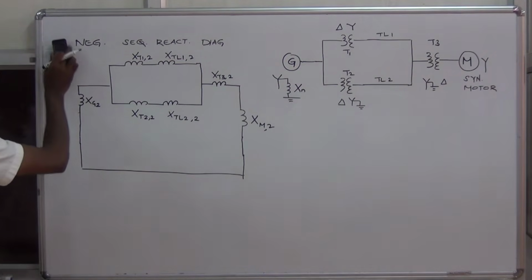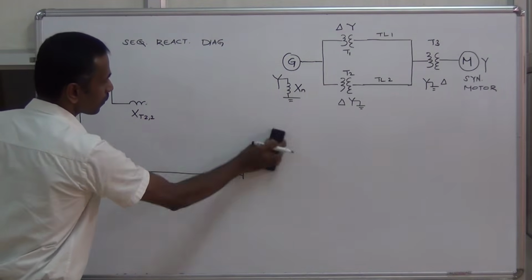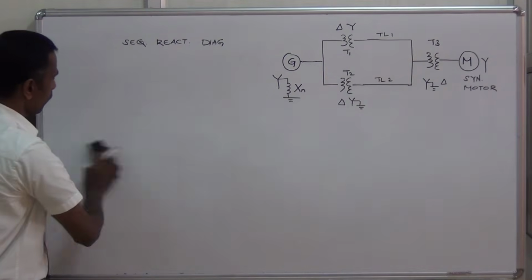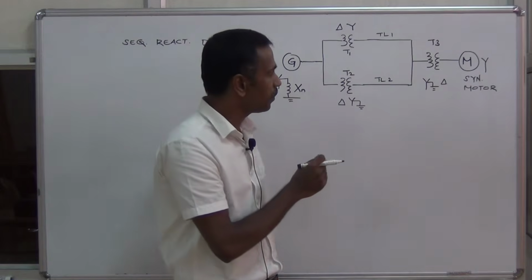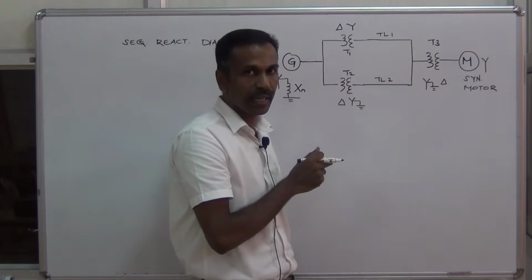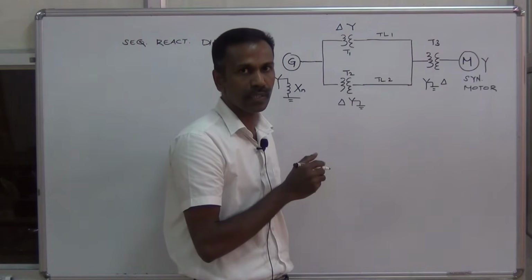Now let us draw the zero sequence reactance diagram. When you draw the zero sequence reactance diagram for a transformer, you should check the connection of the transformer, whether it is star connected or delta connected.